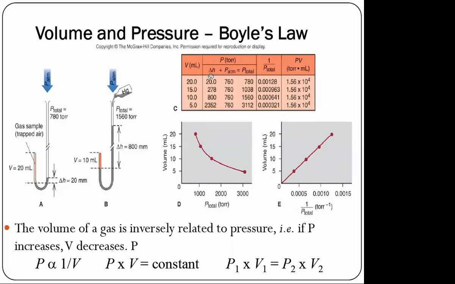You have your manometer, you have 1 atmosphere, and your change in H is expressed as that. As you pour in more pressure, your change in H would change. This is your volume of the trapped air, but your volume is reduced.